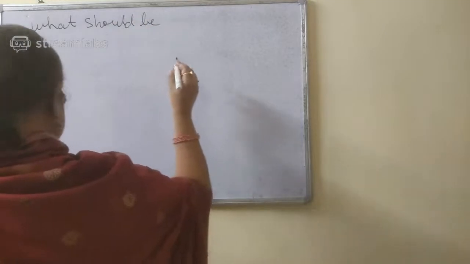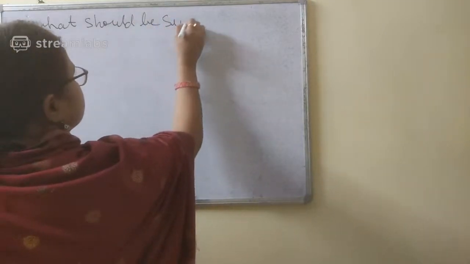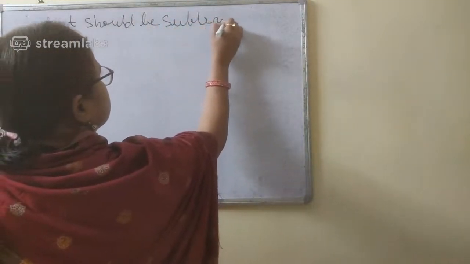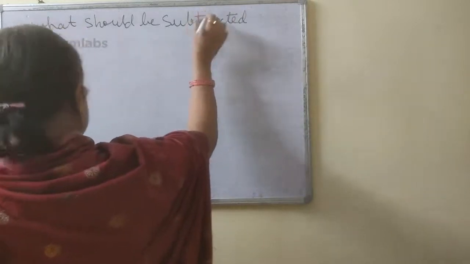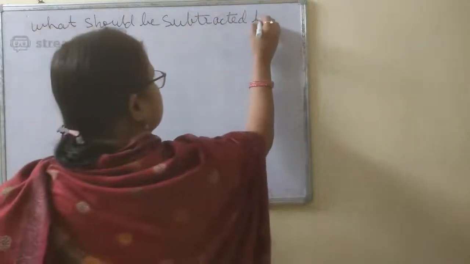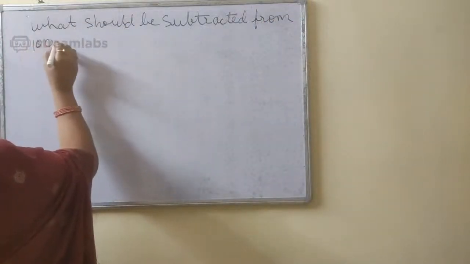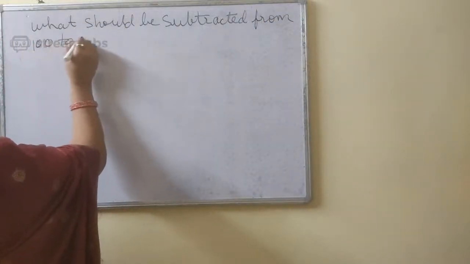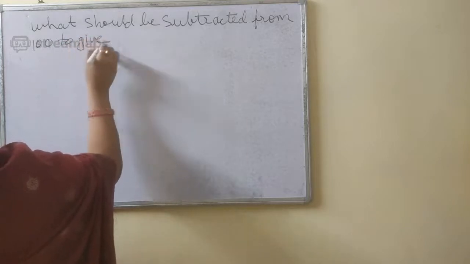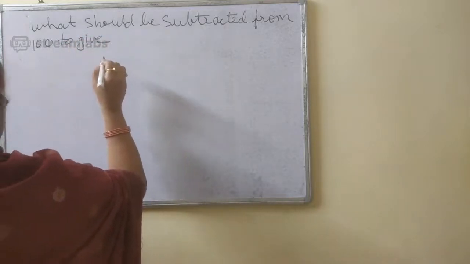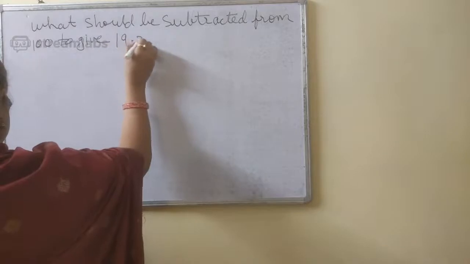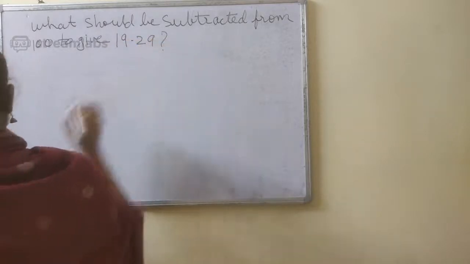What should be subtracted from 100 to give 19.29?